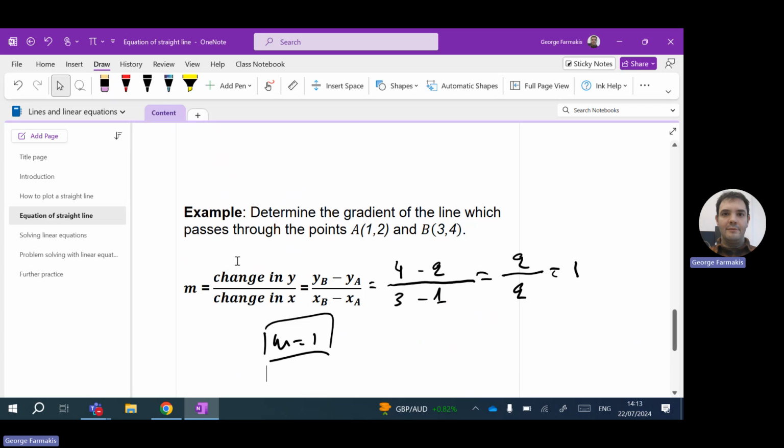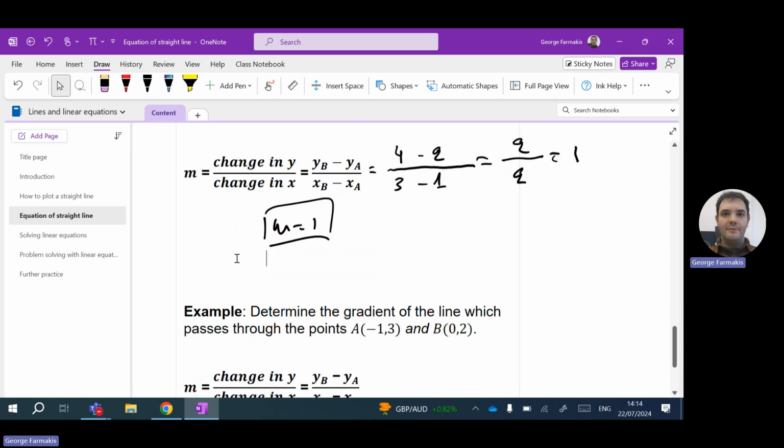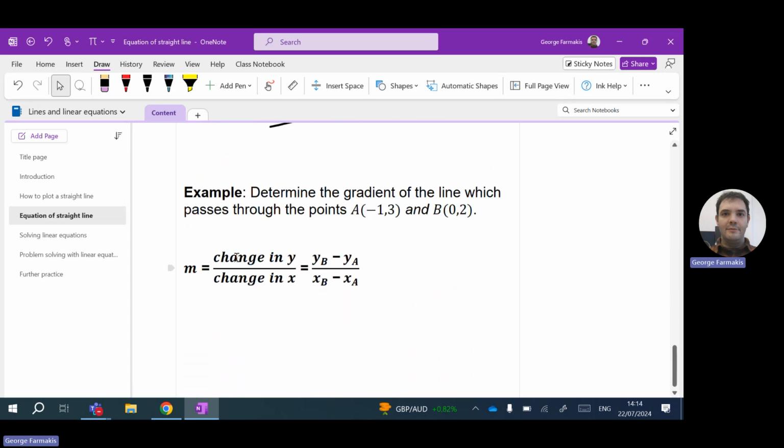Okay, so we just substitute the coordinates of the points. Let's do another example. Determine the gradient of the line which passes through the points A(-1, 3) and B(0, 2). Be careful with the signs. So yb is 2 minus ya, this is 3, over xb, this is 0, minus the x coordinate of A, which is minus 1.